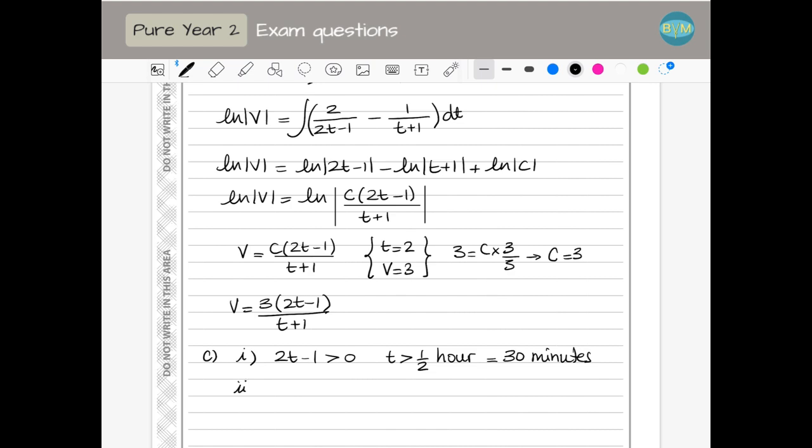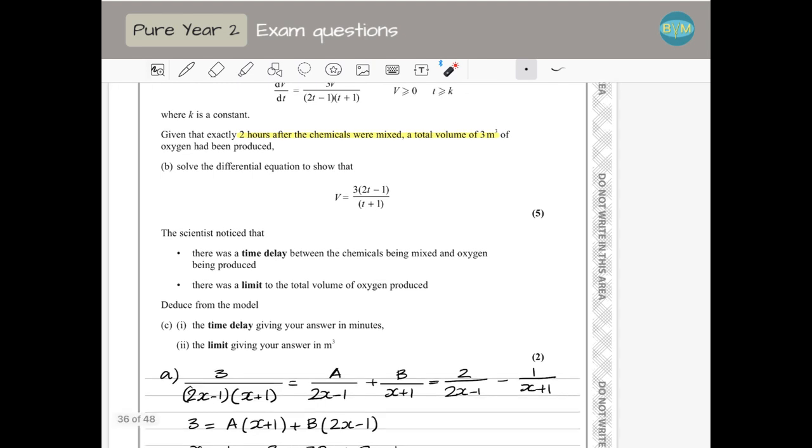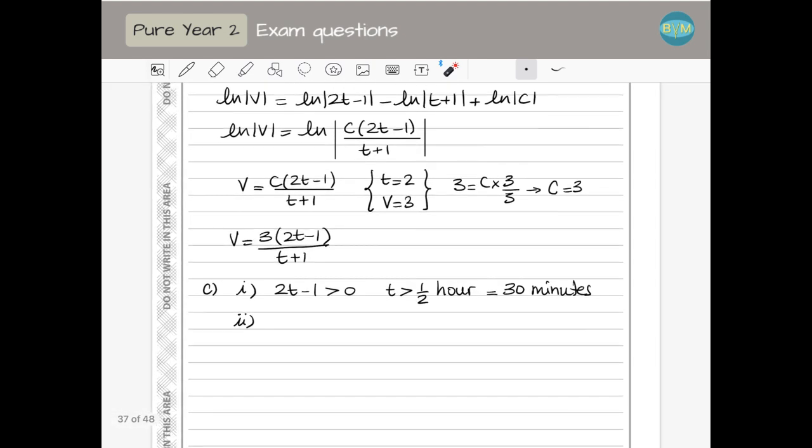And the second part, they ask for the maximum, the limit of the volume of oxygen, which means that we need to find the maximum of V. You have an algebraic fraction. If we divide a numerator by denominator, we have 6t minus 3 divided by t plus 1.